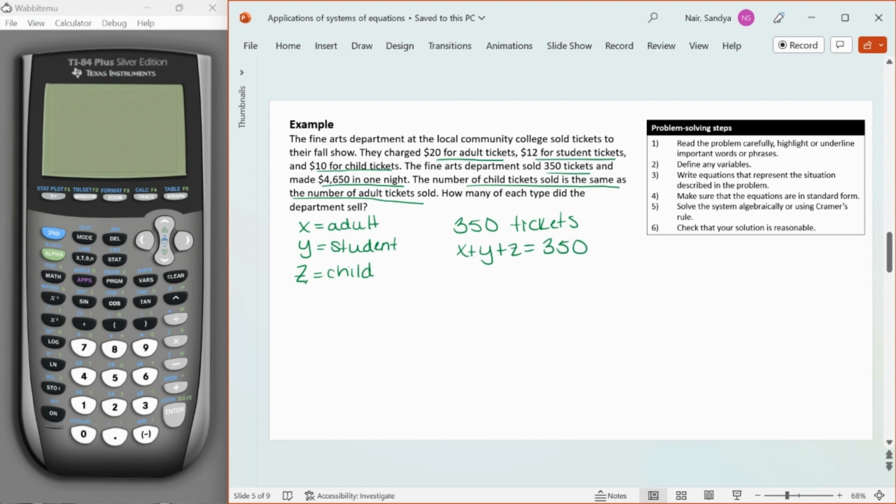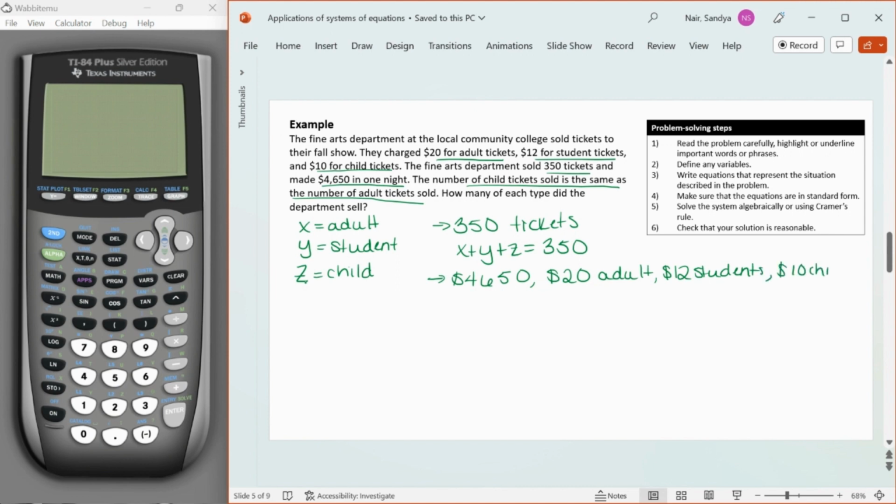Well, then we have our total amount of money made, right? So we have $4,650. Remember, the total number of tickets sold is different than the total amount of money they made. When they're talking about the total amount of money they made, we need to think about how many dollars for each type of ticket. So $20 for adult, $12 for students, and $10 for child.